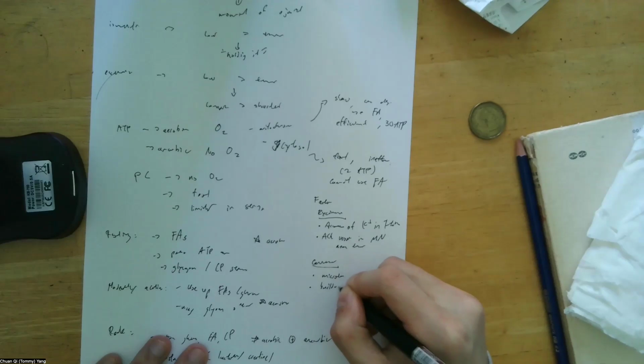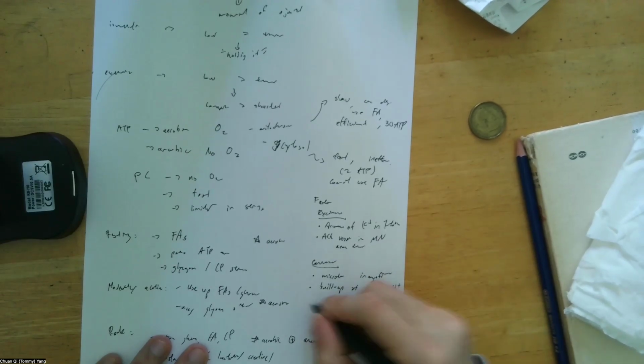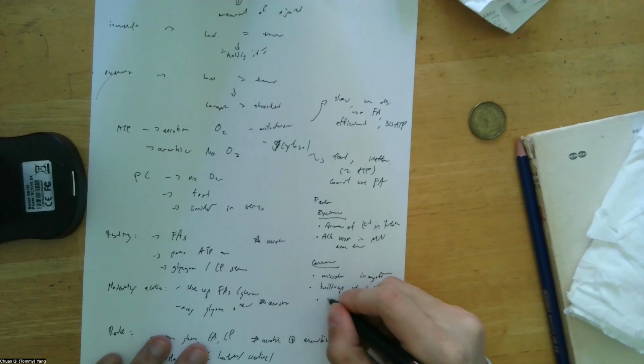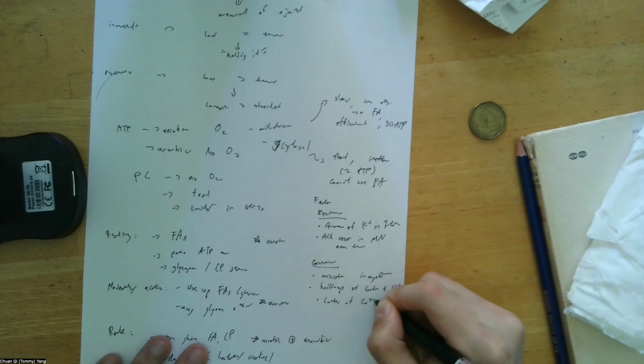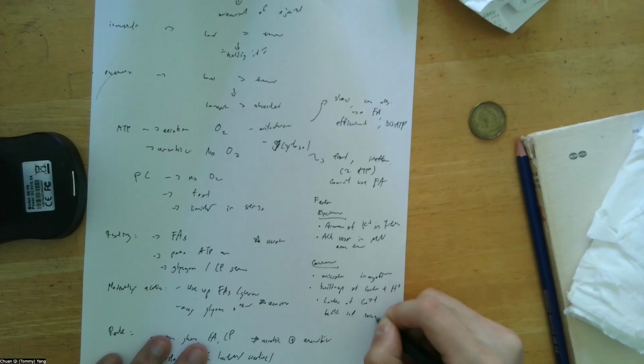And you can also have a build up of lactate and hydrogen, and also have leakage of calcium back into the sarcoplasm.